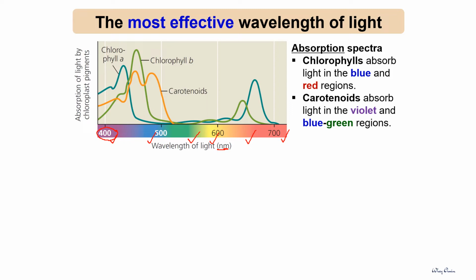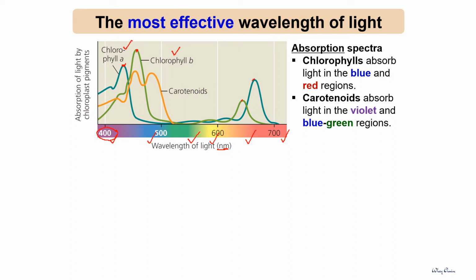If we study chlorophyll A and chlorophyll B, the pigments found a lot in the plant cell, they absorb best in the blue and red regions, because they achieve the highest value of light absorption when exposed to blue light and red light.